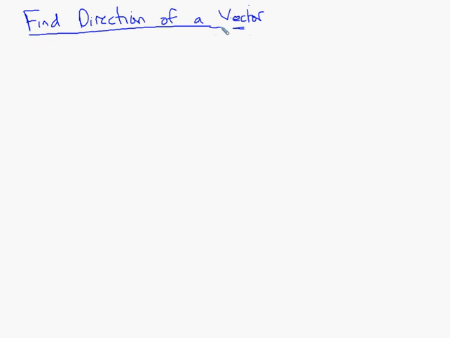So what we're now going to do is find the direction of a vector. Let's say I have point C. Let's say that point is (1, 3).